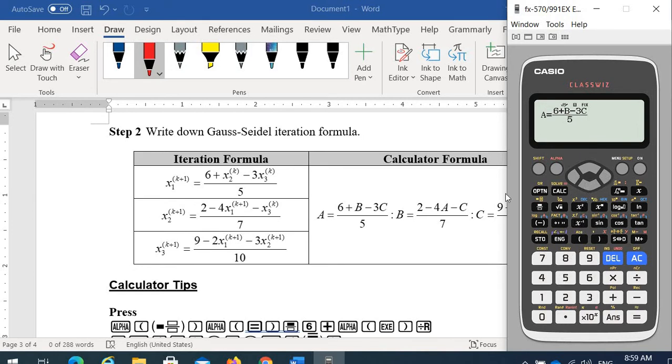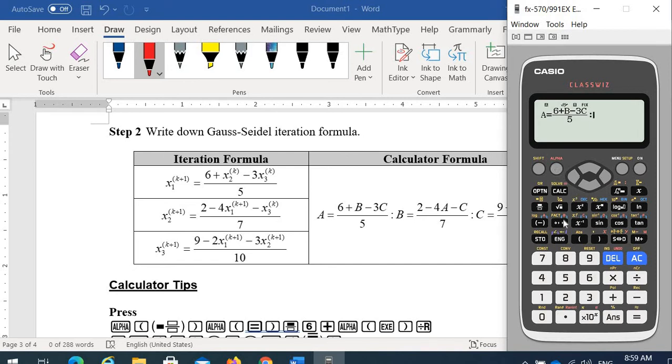Okay, colon, there's a colon. So this colon stands for we are going to calculate these things simultaneously.